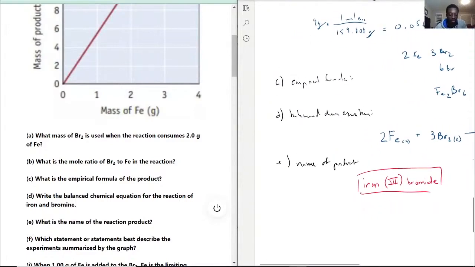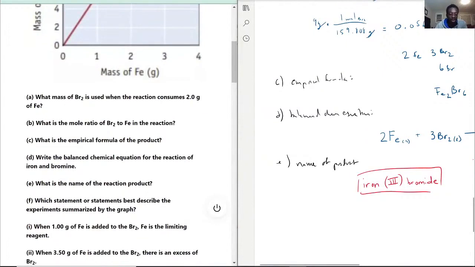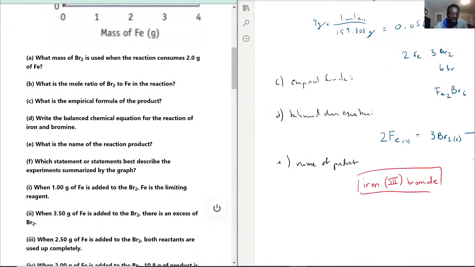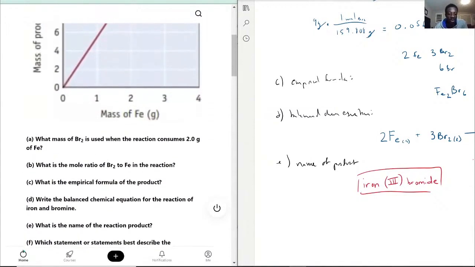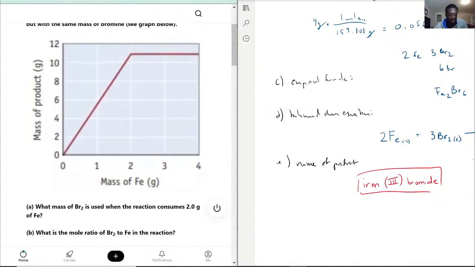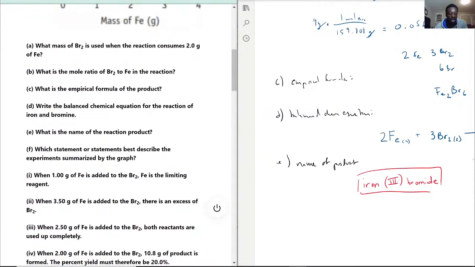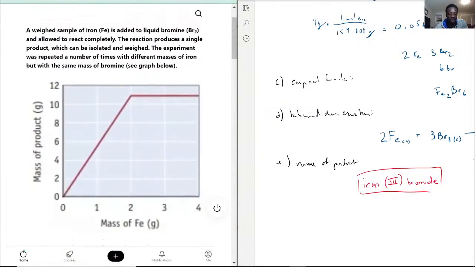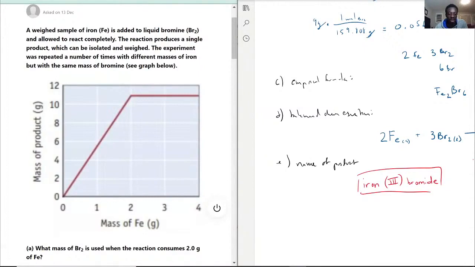And then F: which statement or statements best describe the experiment summarized by the graph? When 1 gram of iron is added to Br2, iron is a limiting reagent. Okay, we'll keep a note for that. When 3.50 grams of iron is added, there's an excess of Br2. You notice that even as the mass is increasing here, there's no more product, because now we've run out of bromine here.